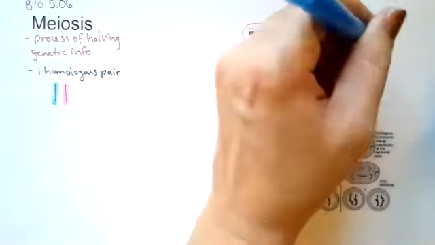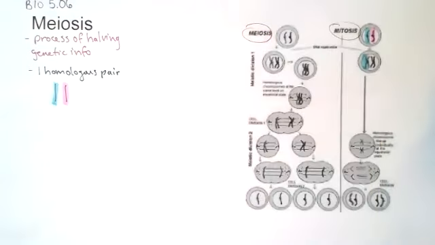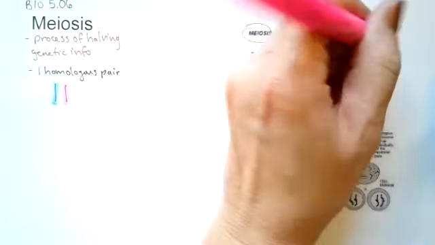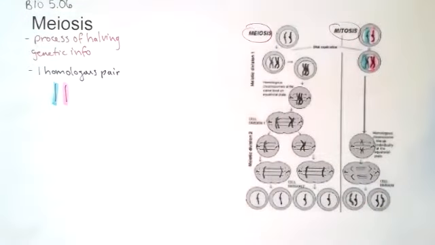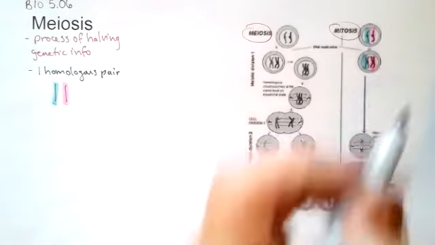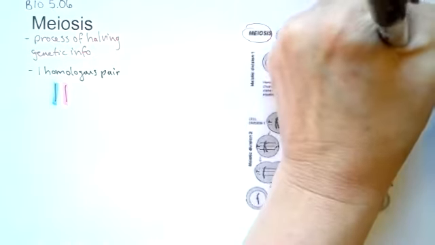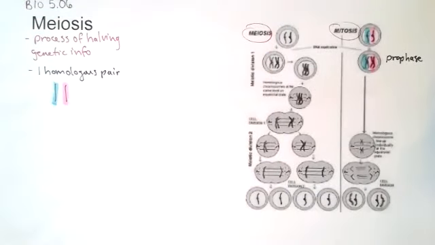Now I'm duplicated. This would be the beginning of prophase. How many chromosomes do I have and how many chromatids do I have?